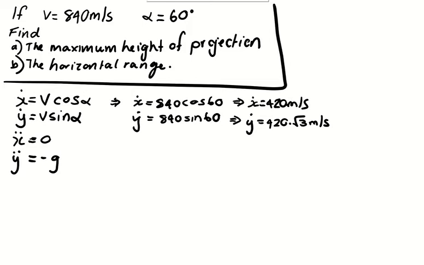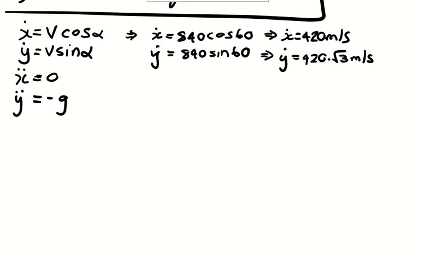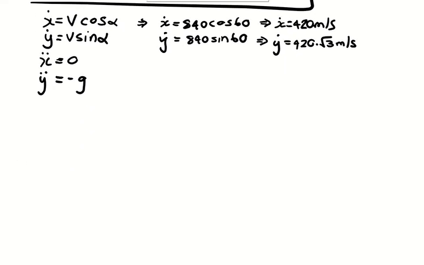Okay? Alright, the first thing I need to find is my maximum height. Thinking about my maximum height, we know that if this projection leaving the ground comes around and it lands over here, my maximum height is going to be the y value at the point that the maximum occurs.